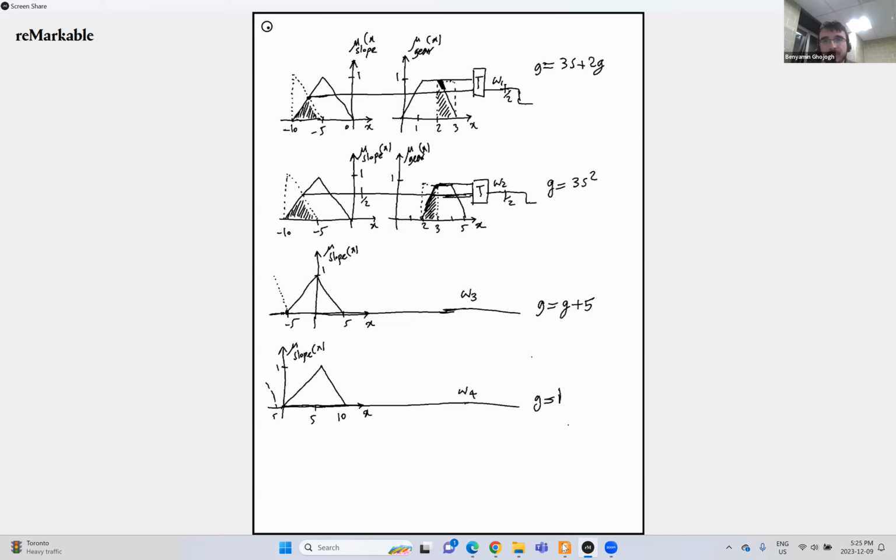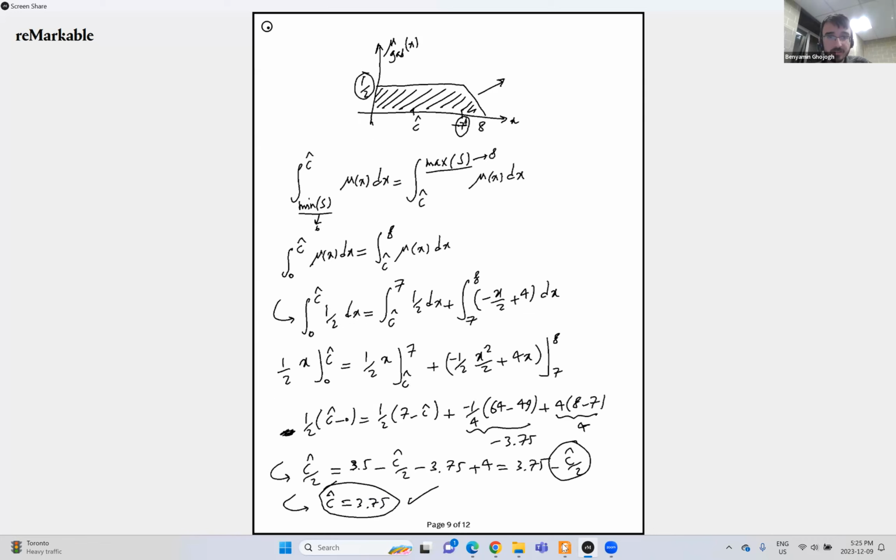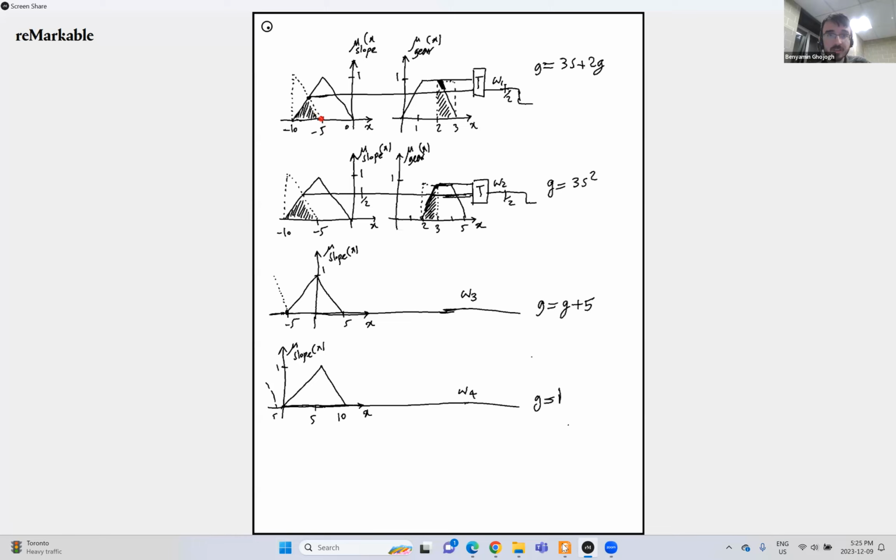So then what happens? For Sugeno, we need the inputs before fuzzification as well. So before fuzzification, assume my S was what? Do you remember? My fuzzified S was like this, right?